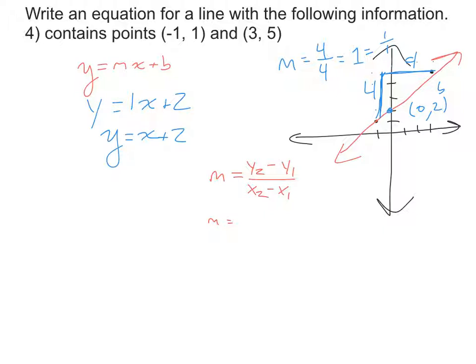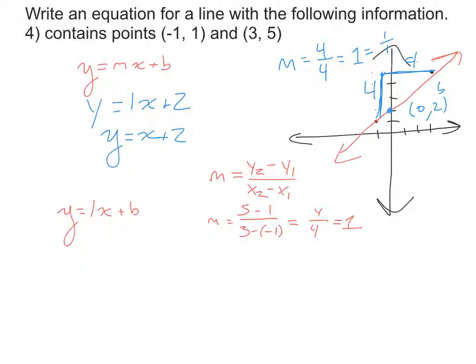And so we're going to do y2 is 5 minus y1 is 1 over 3 minus -1. 5 minus 1 is 4. 3 minus -1 is also 4, which simplifies to 1. So in my y equals mx plus b, I can replace m, the slope, with 1.